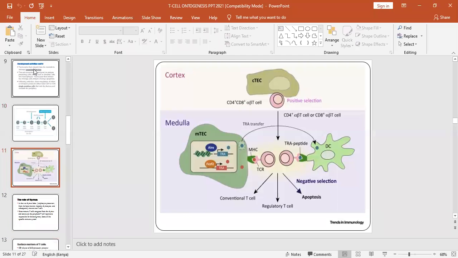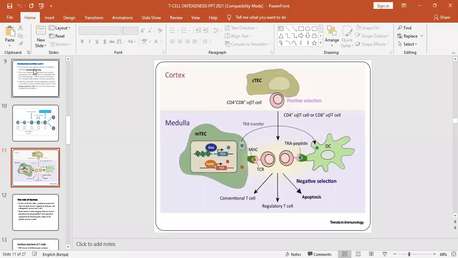Now, this diagram is saying the same thing, but I'm just showing here that in the cortex region, we have the cortical epithelial cells, abbreviated as cTEC, which are very rich in self-antigens. And this has to teach the double positive cell to recognize the self-antigens.